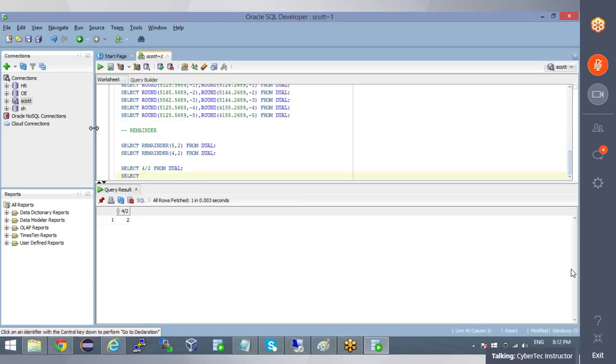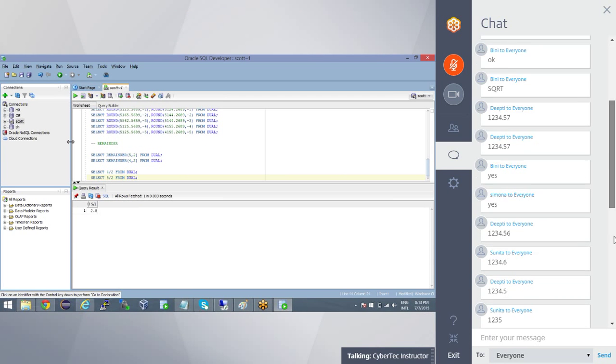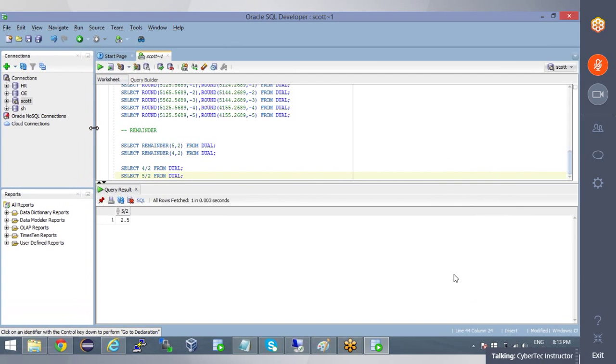Whereas if I say select 5 by 2 from dual, I get the value 2.5. It is dividing the value by the given denominator and generating either a normal value or a floating value. But there can be situations where you want to know the remainder. Within this normal division, you are not able to get the remainder value.